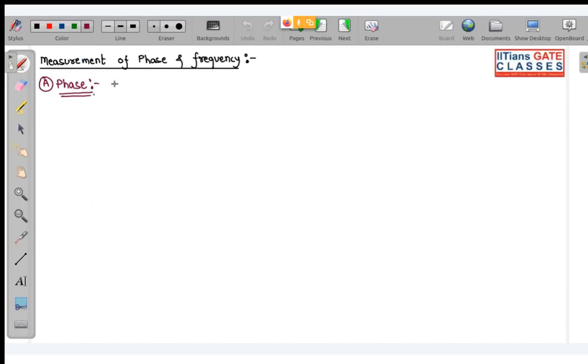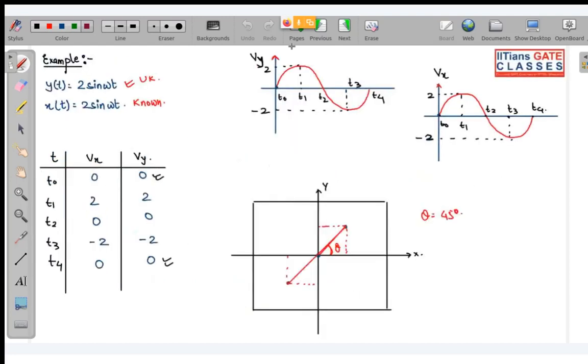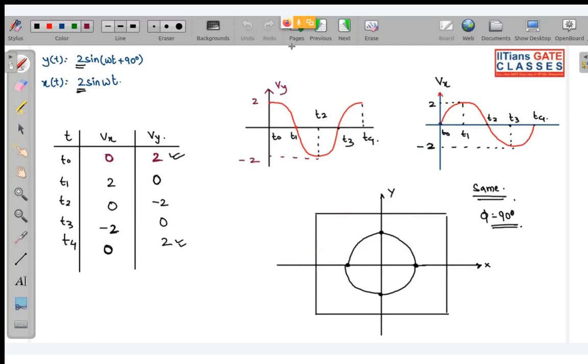We have seen from these two or three examples that when we have two signals with equal amplitude and the same frequency, and we want to calculate the phase difference, we get an elliptical pattern, or if the phase is zero, a straight line. Circle is a special case of an ellipse.